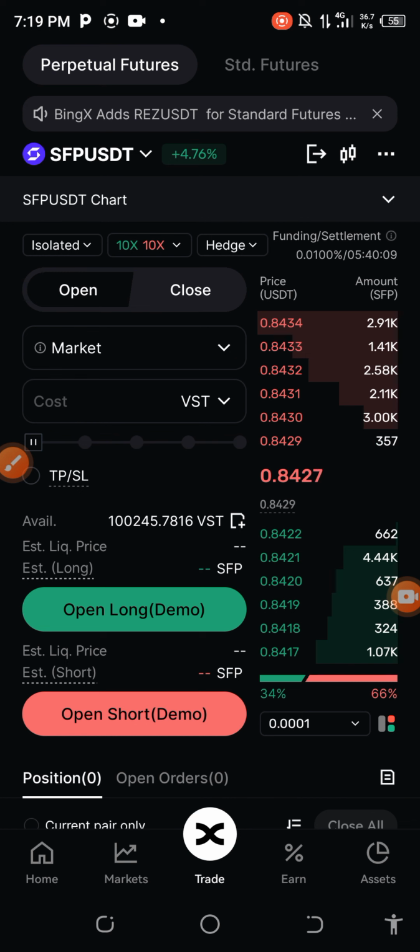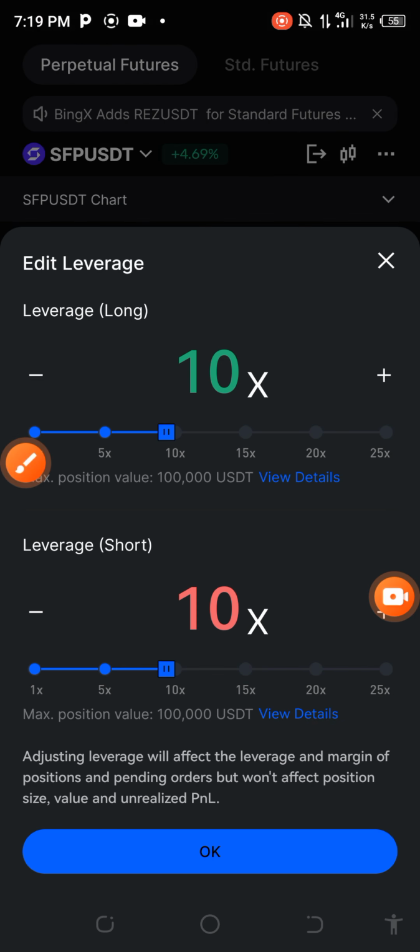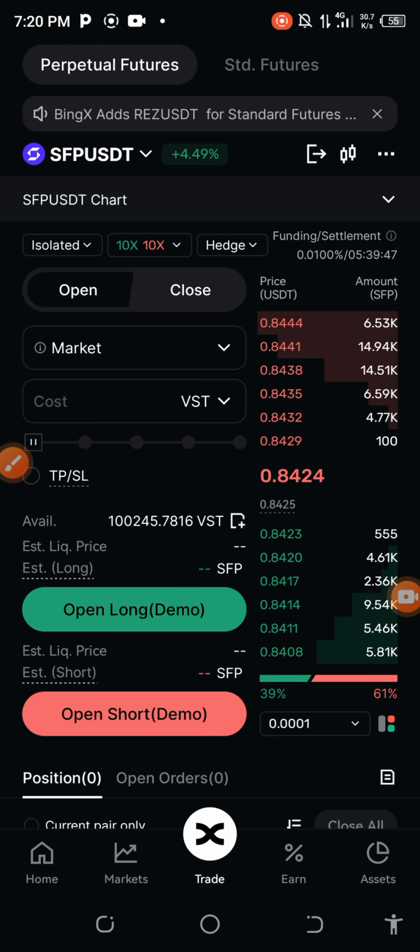Then for leverage, we use just 10x leverage. We don't use 20x, we don't use 5, we don't use any leverage other than 10x. You drag it until it's on 10. Then you are good to go.